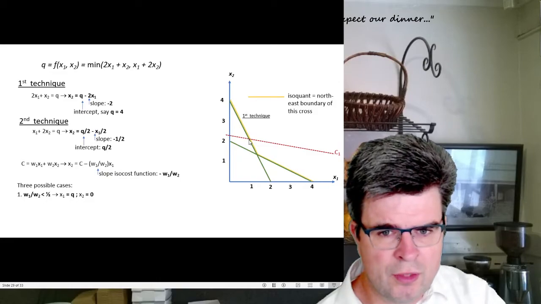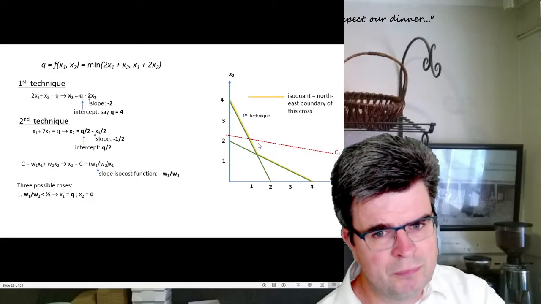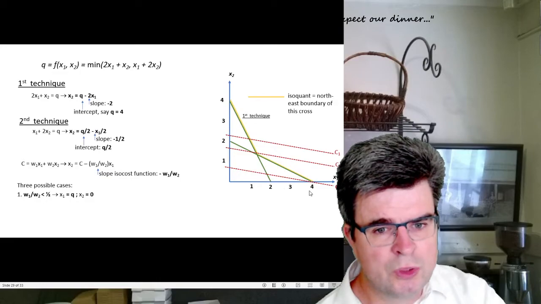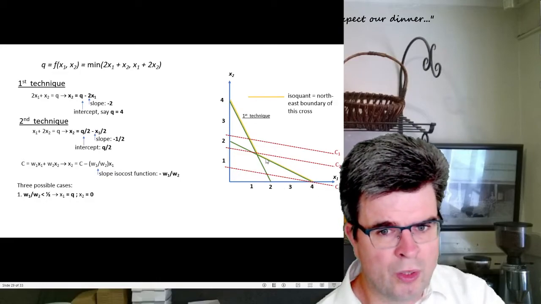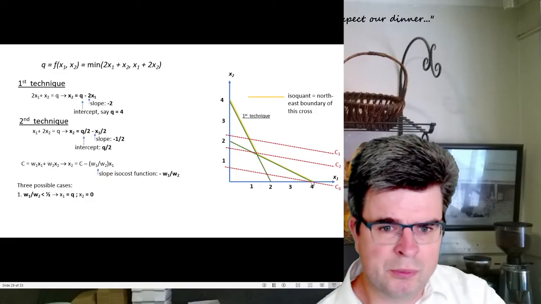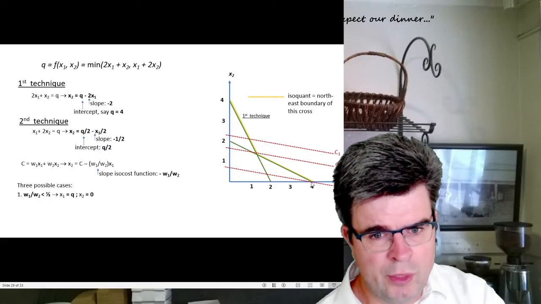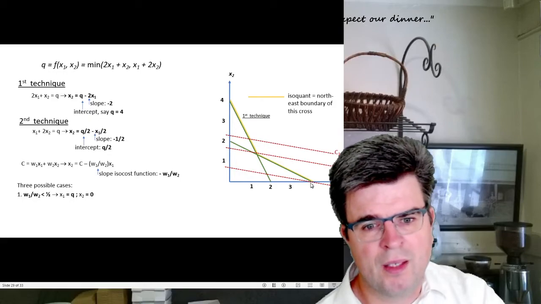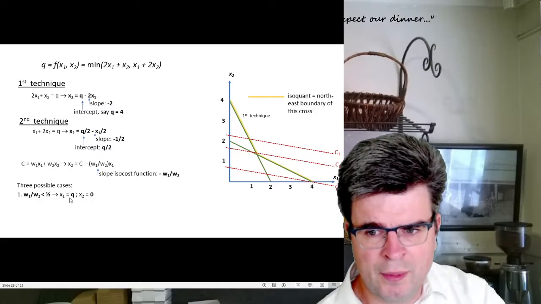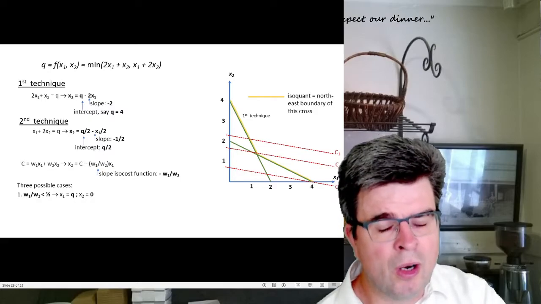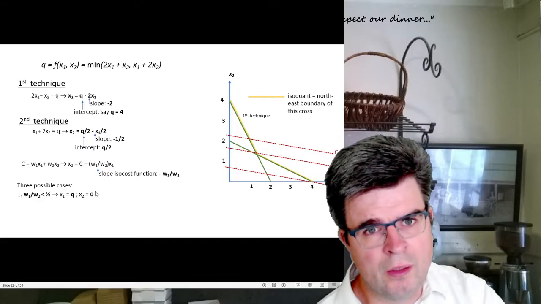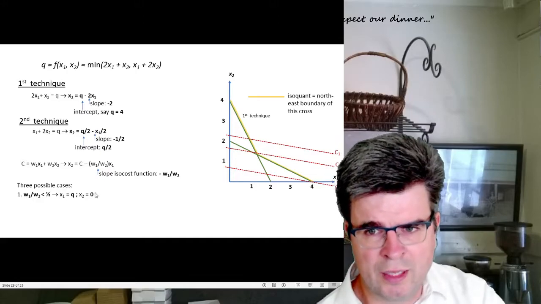But of course, we can attain an output of 4 units at a lower cost. So we can lower this, and the lowest iso cost function that is tangent to our isoquant, the yellow one over here, is the one that touches the isoquant in this corner, where indeed we only use production factor x1 in our production, and we have Q units of x1, that allows us to produce exactly an output of Q, while we use no production factor x2.